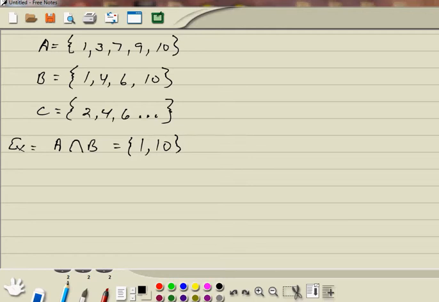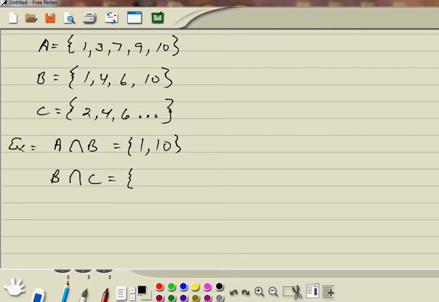Well, what about B intersects C? Which ones do they have in common? Okay, well, B has 1, but C does not. But I see that B does have 4, and it does have 6. Does it have 10?